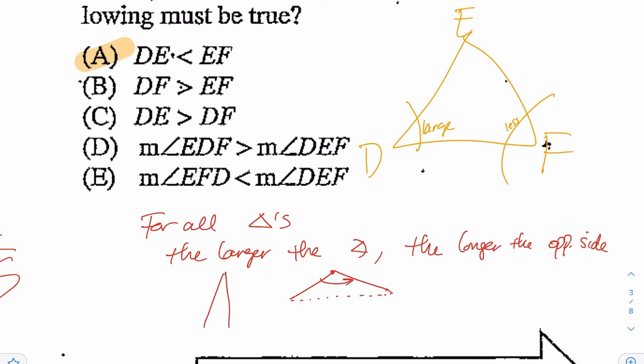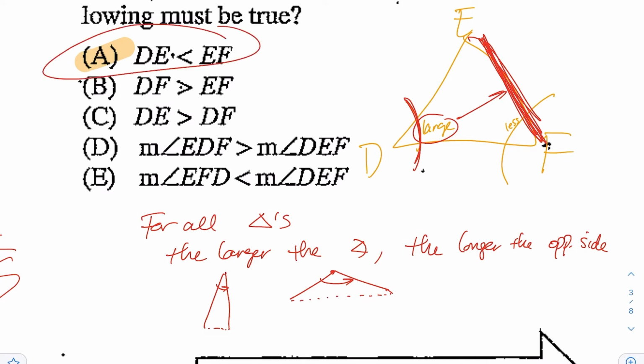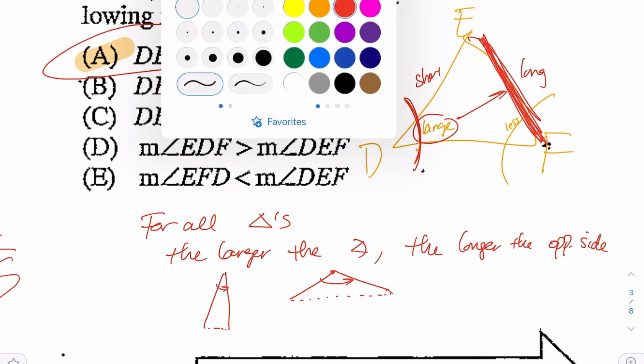Whereas if the angle is really small, the third side, the opposite side, would also be really small. So here, because angle EDF is large, that means that side EF will actually be longer. So EF will be greater than DE, the side here. So this would be a short side, this would be a long side.